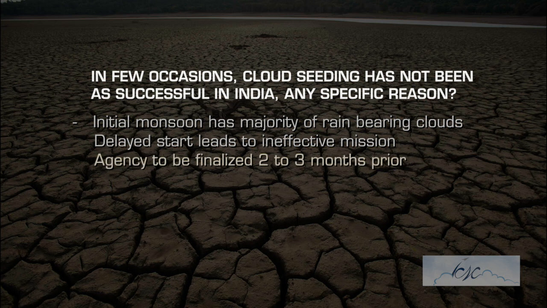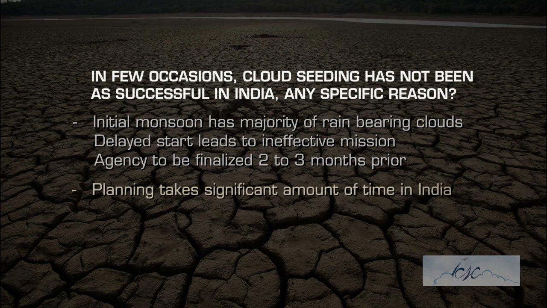Hence, an agency has to be finalized at least 2 to 3 months prior to the onset of the monsoon. Time required for planning and mobilizing the required infrastructure takes a significant amount of time in India. This time delay contributes to a delayed start, missing valuable operational time of the monsoon season.